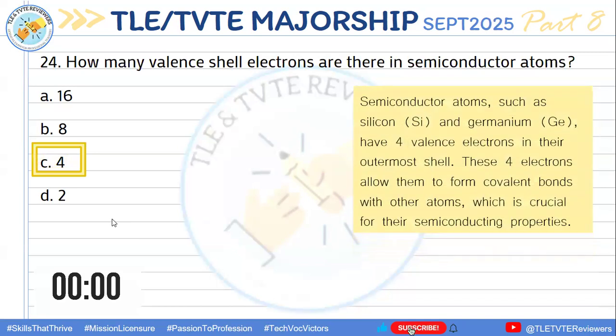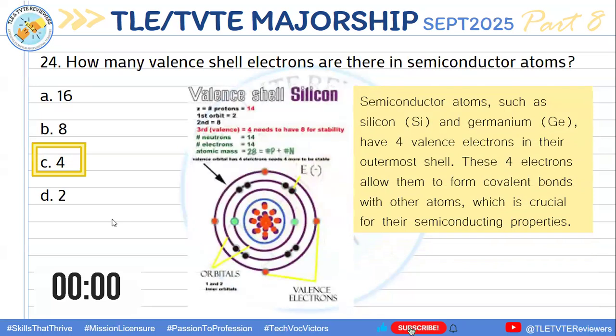Semiconductor atoms such as silicon and germanium have four valence electrons in their outermost shell. So these four electrons allow them to form covalent bonds with other atoms, which is crucial for their semiconducting properties. So answer letter C, 4.